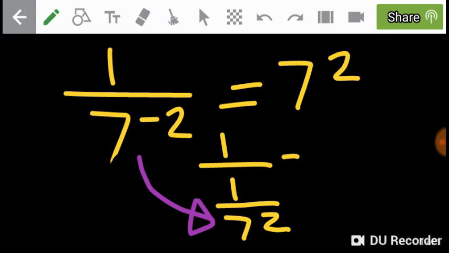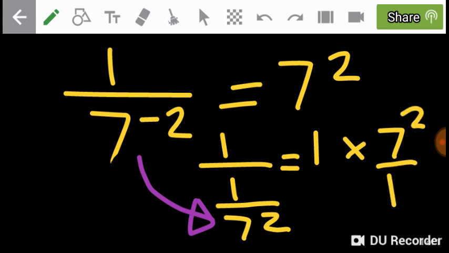Now our next step would be 1, since it is in the form of division, multiplied with 7 square by 1. So the answer comes out to be 7 square, which I wrote here directly at the top, as you can see over here. So make sure you are very much used to doing it like this, because it will save a lot of your time.